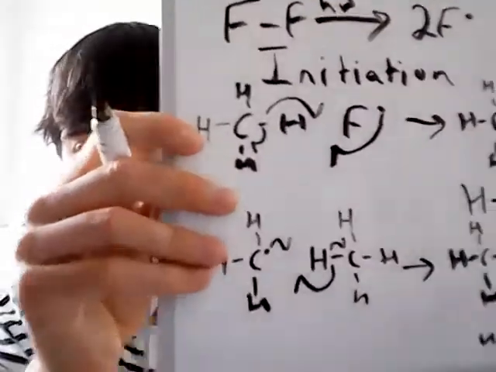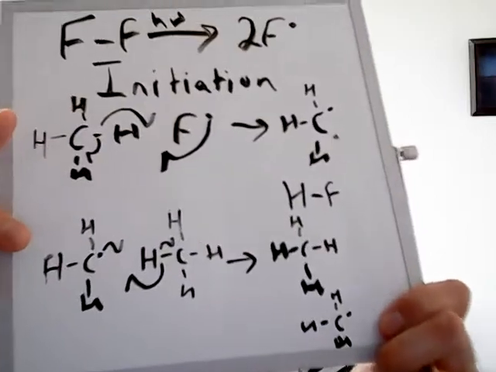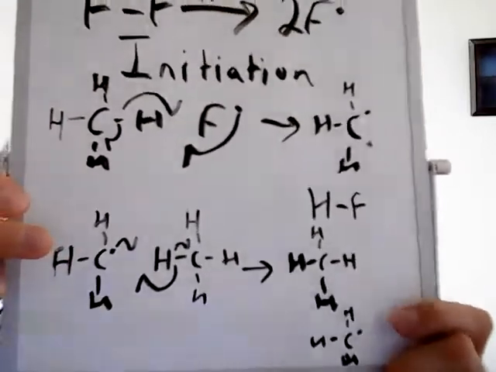It doesn't really make a difference what it's reacting with. But the point is, because you've produced one radical from one radical, you've still got a radical, right? So it reacts the second time, and again you've produced another radical just there.